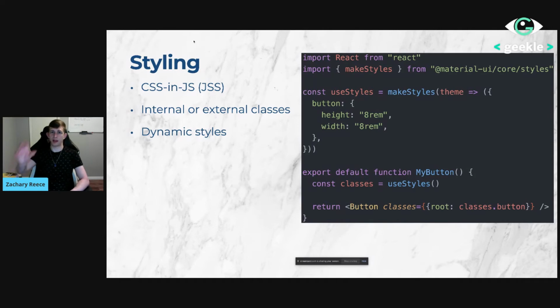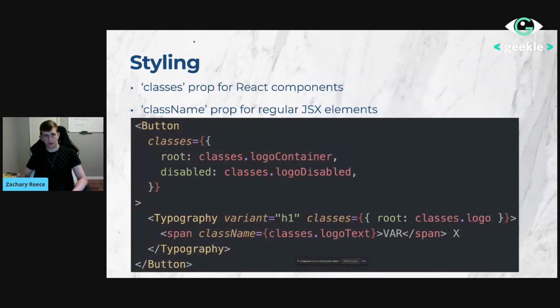So that is how we create our classes in our component and then tie it to the components that we want to style with those classes. All right. Now, Material UI components use the prop classes to allow you to overwrite any of the default component styles with your own custom classes.